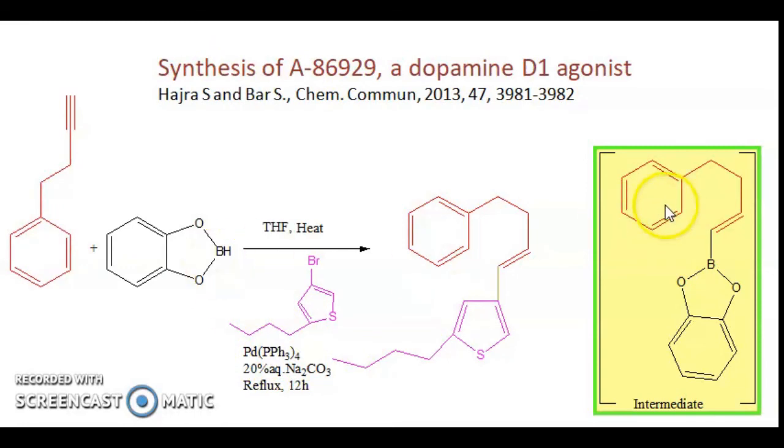So this is the intermediate form. At this alkyne part, the boron gets attached, and this has become alkene, and to this carbon our heteroatomic compound gets attached. The coupling happens at this end, and that's a coupled product.